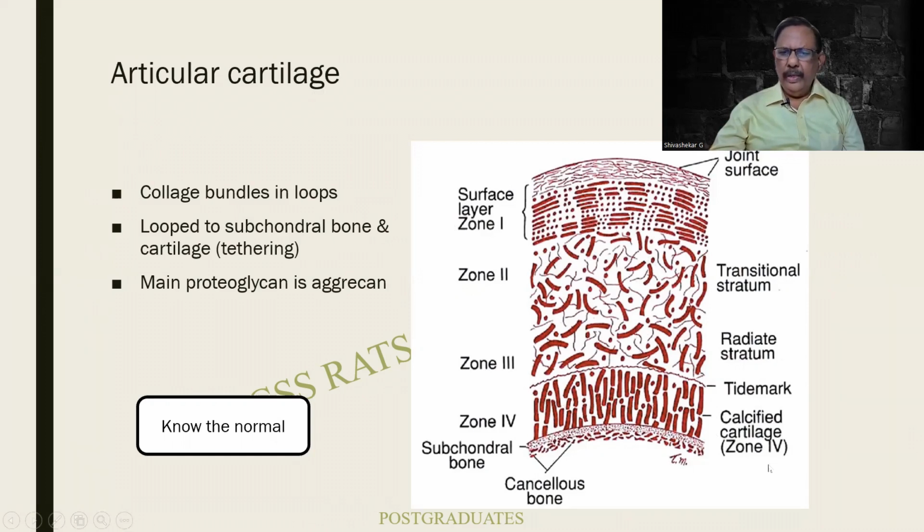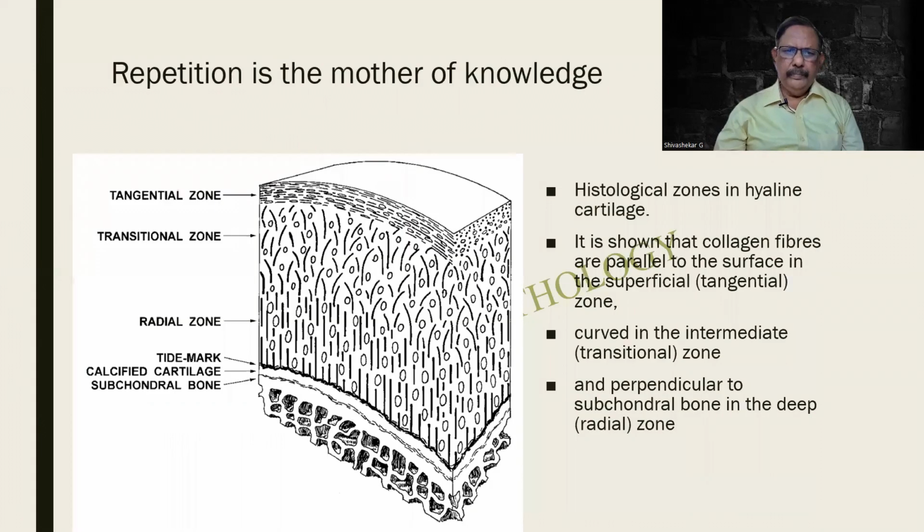So know the normal. There is a bone over here, there is a calcified cartilage, and then there will be the bundles of collagen, there will be a loose matrix, and this is the joint surface. And look at the arrangement and the direction of the collagen fibers, so much so they provide the strength to the joint. This again is very beautifully depicted. Repetition is the mother of knowledge. I have intentionally included even this diagram.